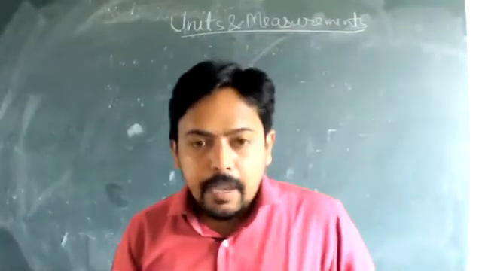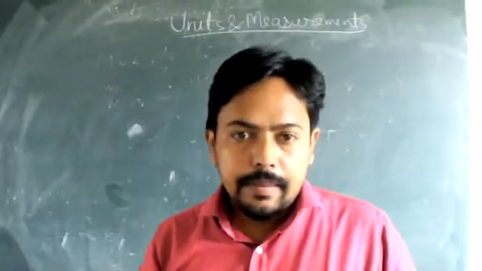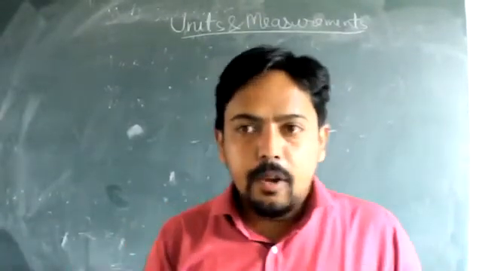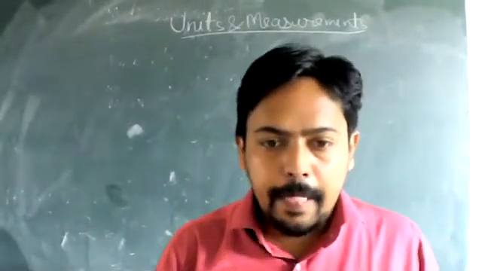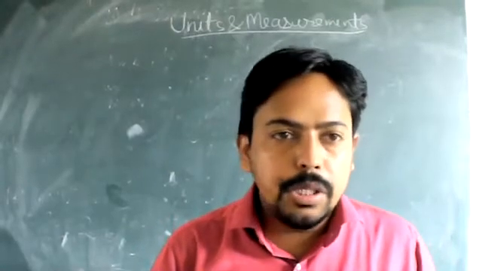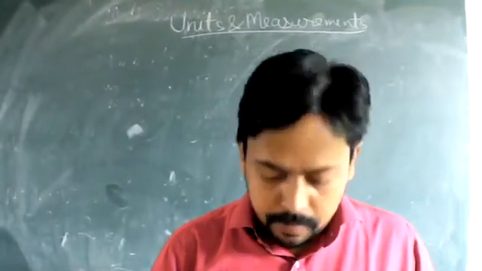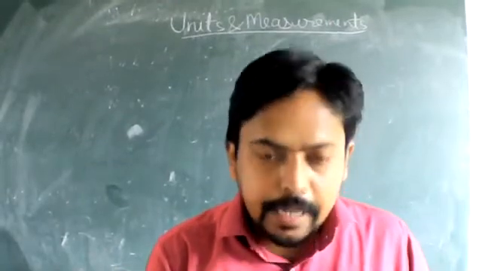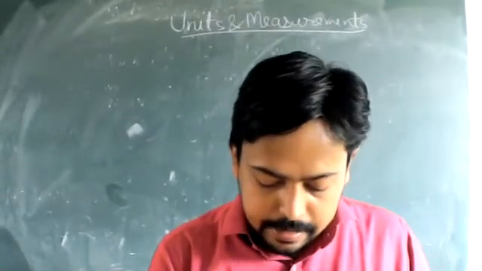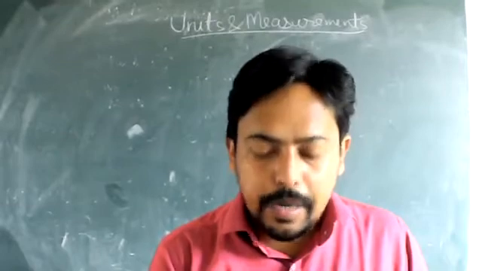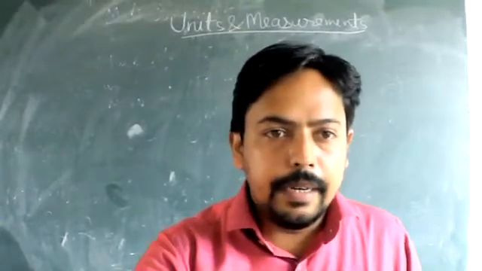So last time I gave you one question, and I hope everyone has written it down. I just want to repeat that question again. The question says that a physical quantity P has been written here.